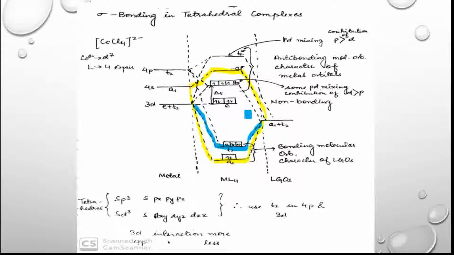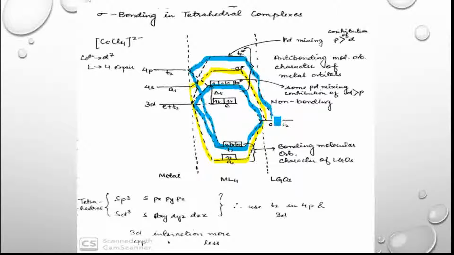And T2 symmetry is also there in the p orbitals, so this will also overlap here, just like that. Then you will have a T2 anti-bonding, which is coming through this particular interaction, and since you have two T2 sets, the second T2 is also here.